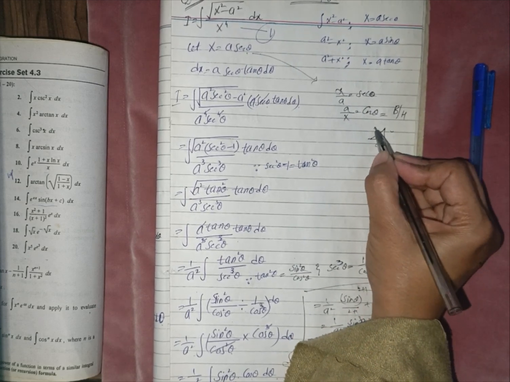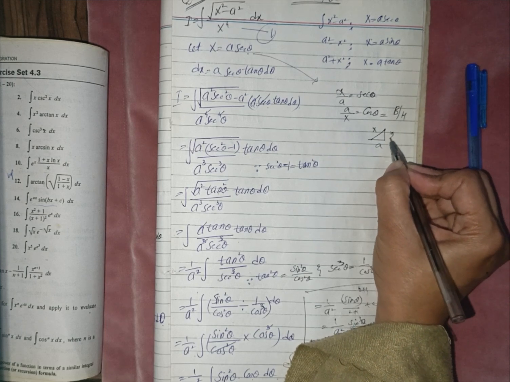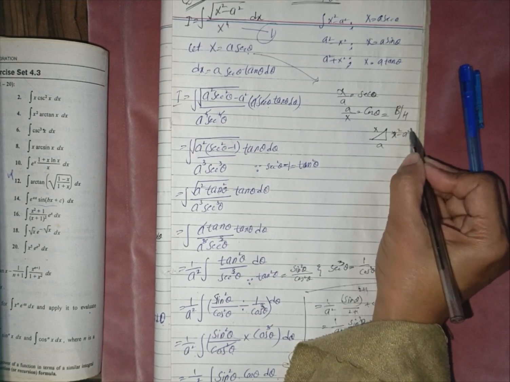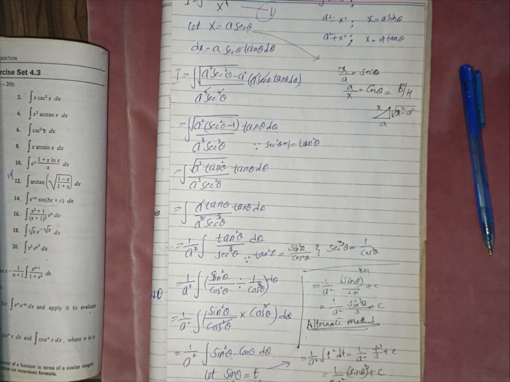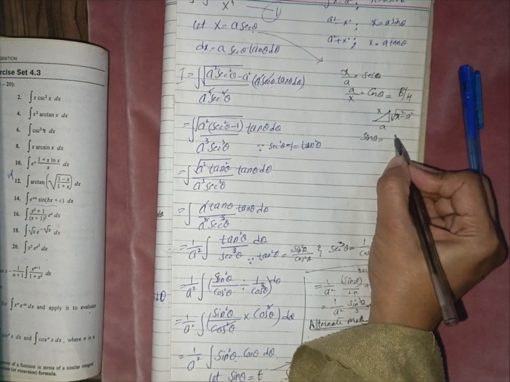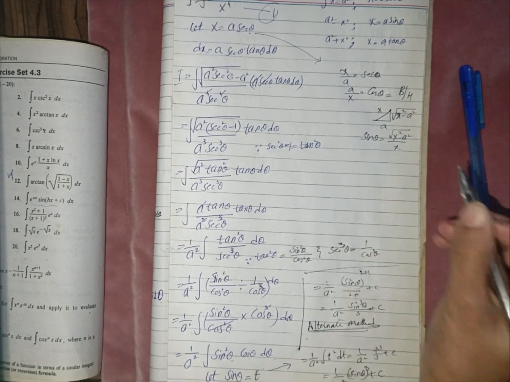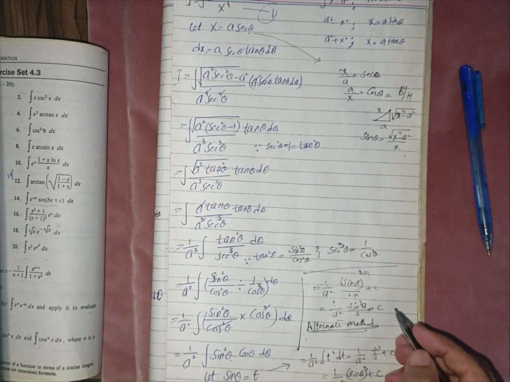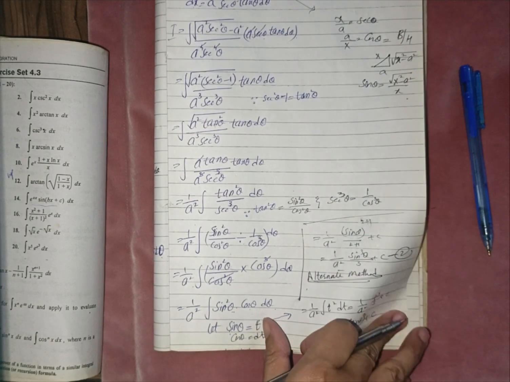After using the Pythagorean theorem, we will have the square root of x square minus a square, and the value of sine theta is equal to the square root of x square minus a square upon x. Put this value in equation number 2 and find our final result.